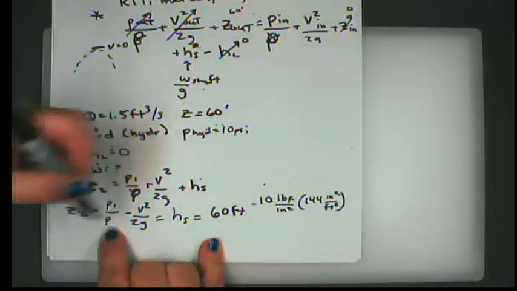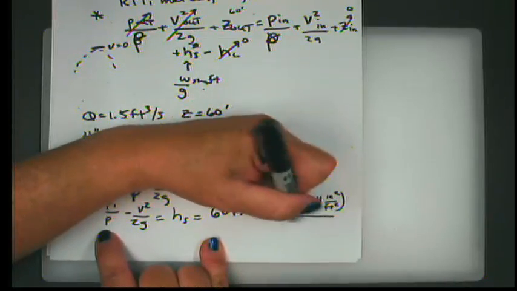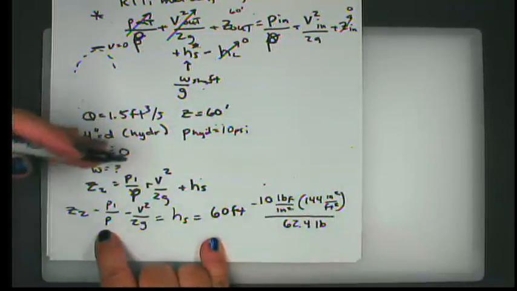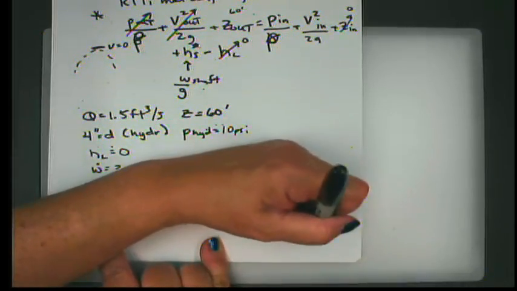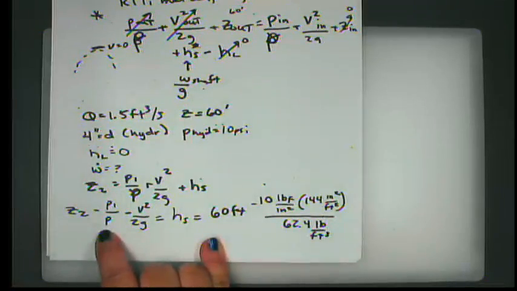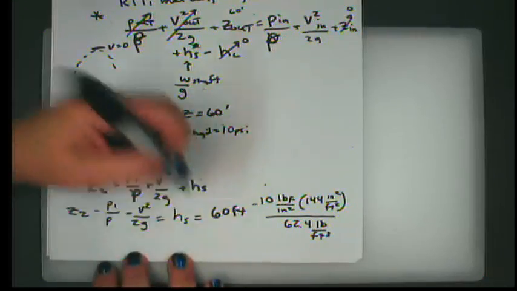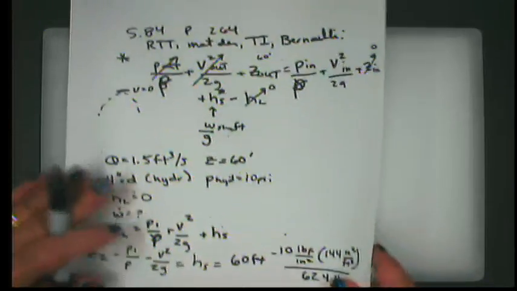And then we have rho of water, which is 62.4 pounds per cubic foot, right? And then we have to talk about what's going on with the velocity of the water. We're going to have to work with that a little bit, aren't we? So let's talk about velocity.